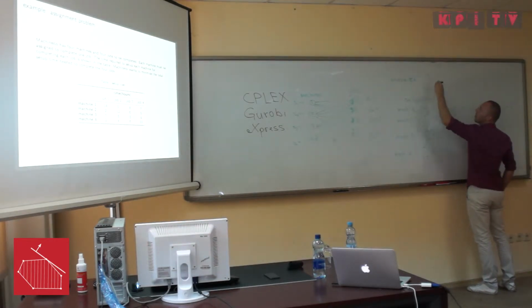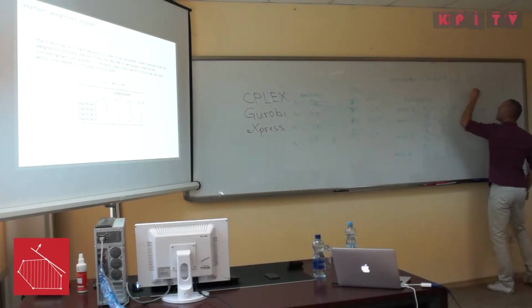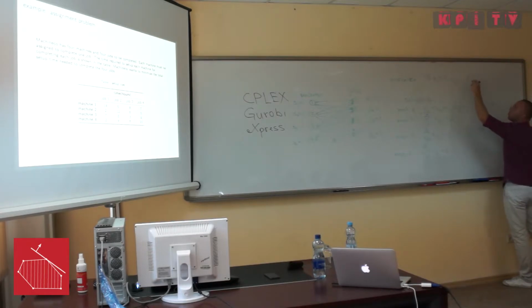So for example, here it's 14 times x11 plus 5 times x12 plus, and all the way to x43 times whatever the cost there is, 6, plus the 10 times x44.